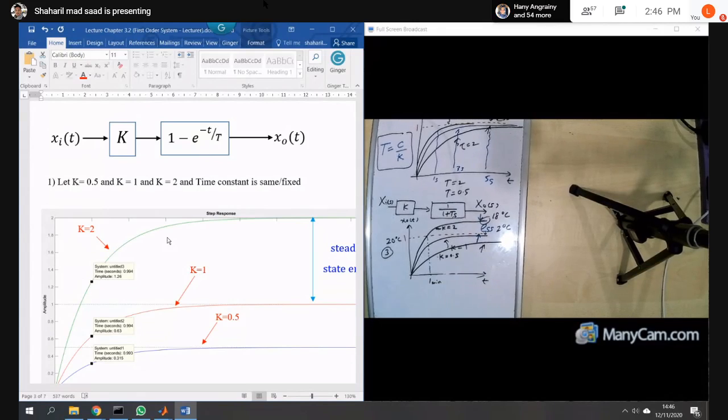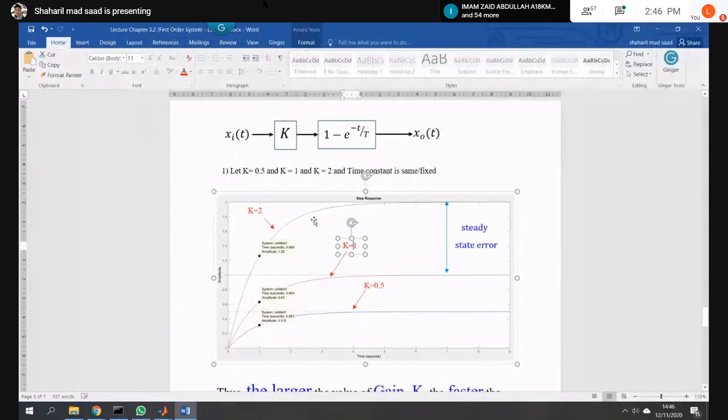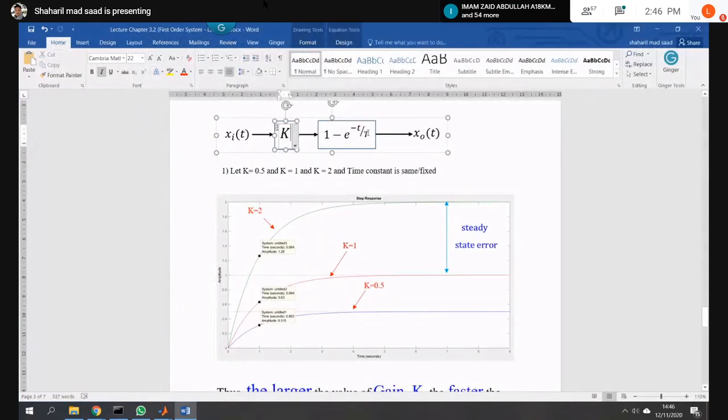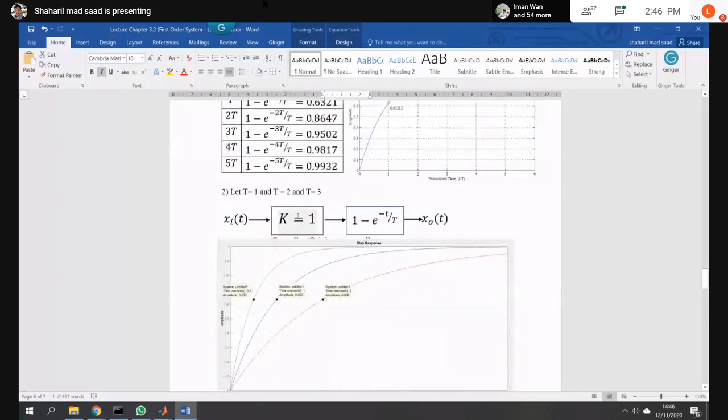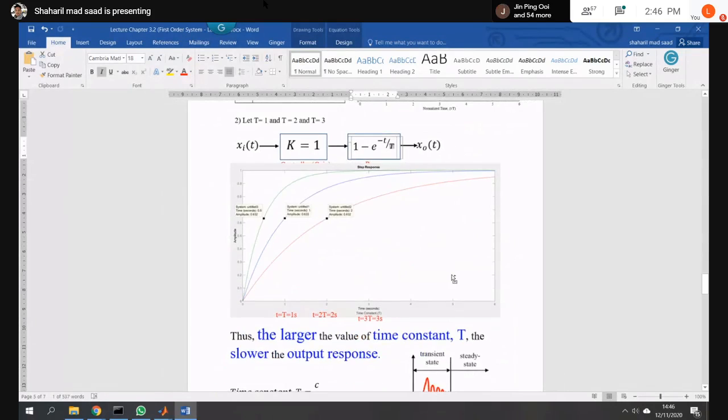Can you differentiate between this one, when you adjust k and the time constant is fixed? In this one, the controller k is fixed, but the time constant is variable. You adjust the time constant. Clear? Any questions?